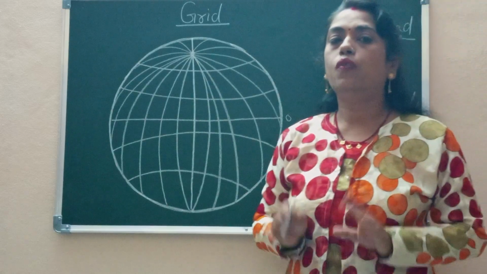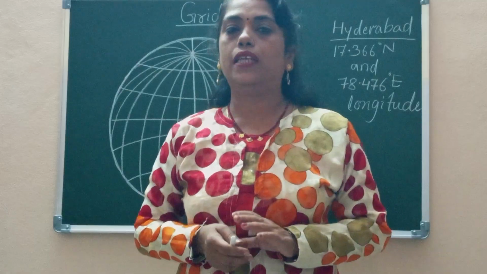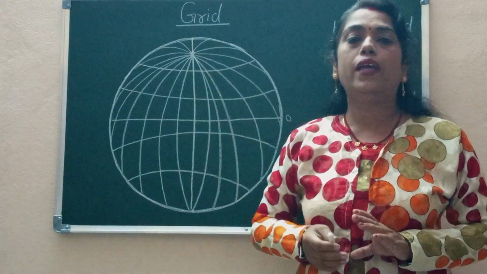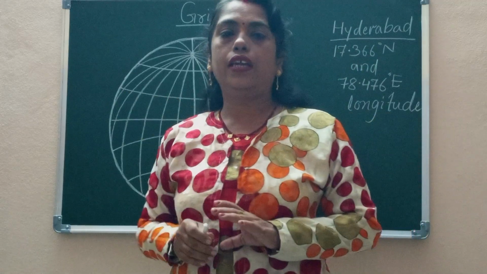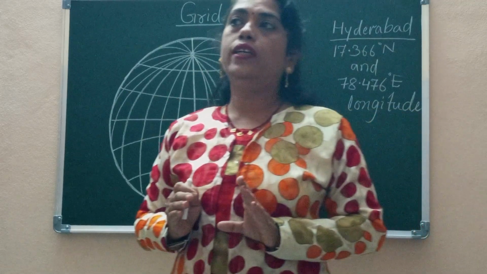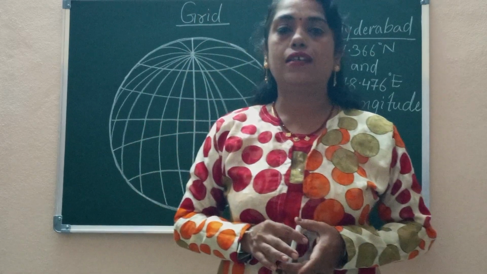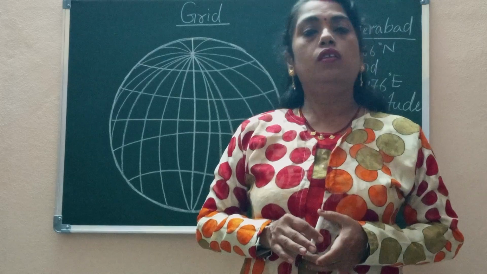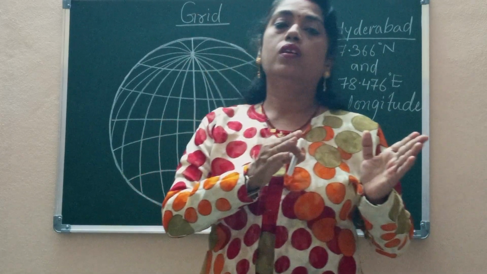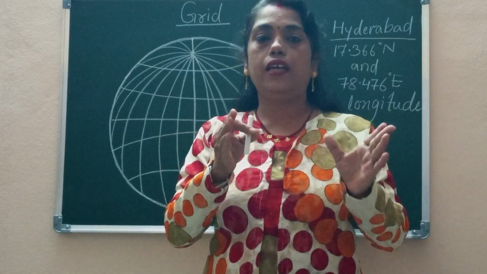If we don't know the latitude and longitude or grid of a place, then how can we reach a far remote place or a very far area which is not near to us? When we go to our friend's house, we ask them for the address. They tell us the town, the city, the house number, the colony, and the area.